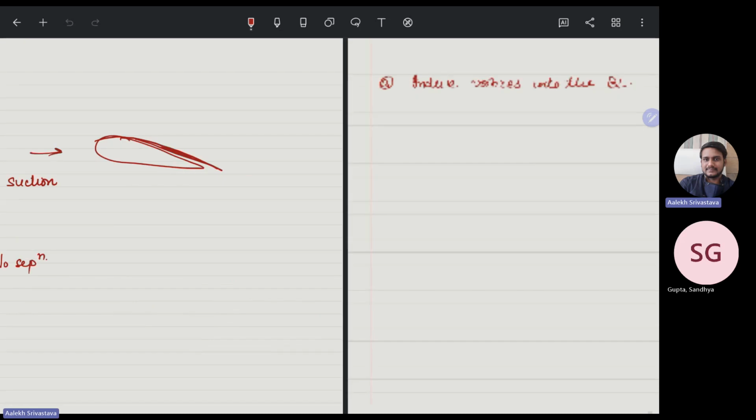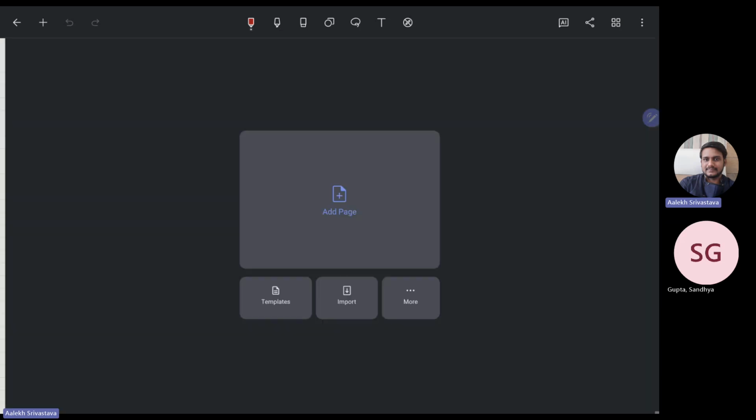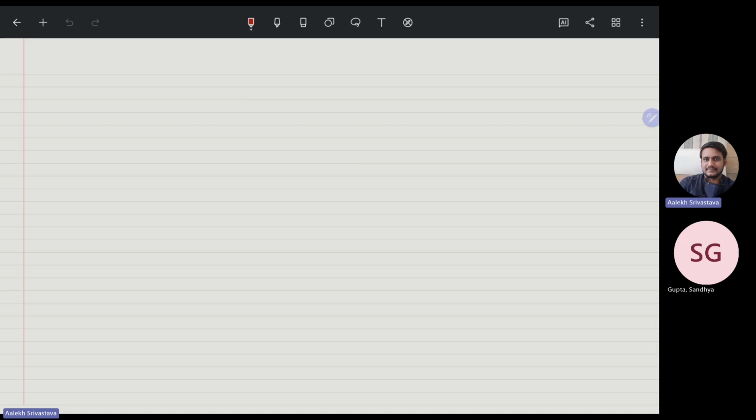Okay, so now we have another thing. Just from a curiosity point of view, I will explain to you what is called cricket ball in-swing and out-swing. This is mostly based on fluid mechanics.